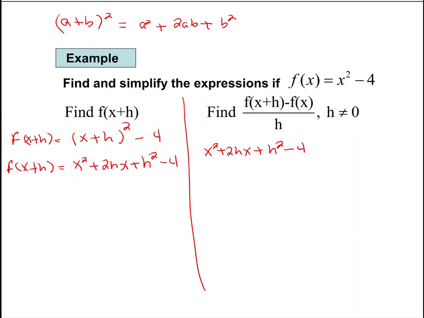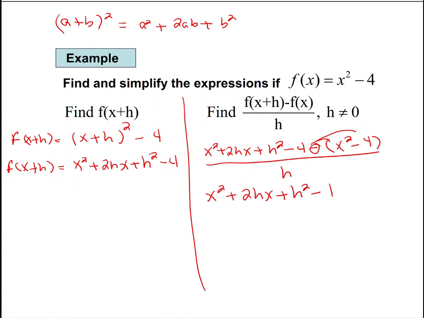And then I'm going to subtract the original function, minus x squared minus 4, all over h. Follow the same process. Remember to distribute. So minus x squared plus 4, all over h.